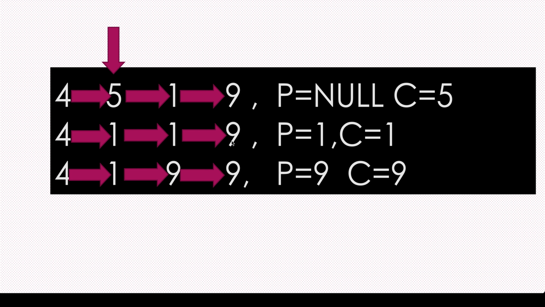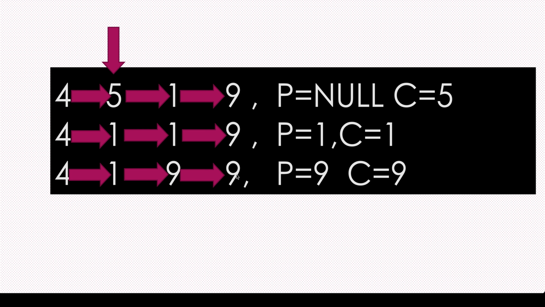After that the values become 4 1 9 9, and we will move to the next position. So the previous will become this 9 and the current is the next 9.